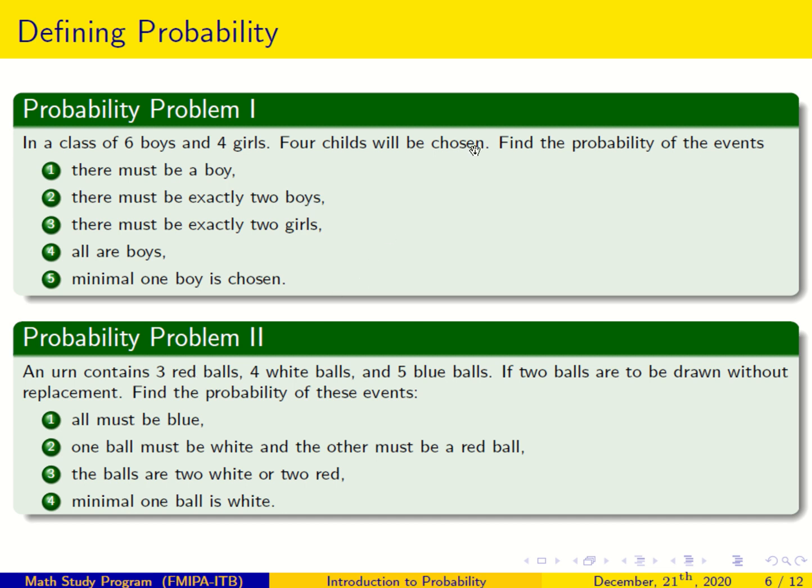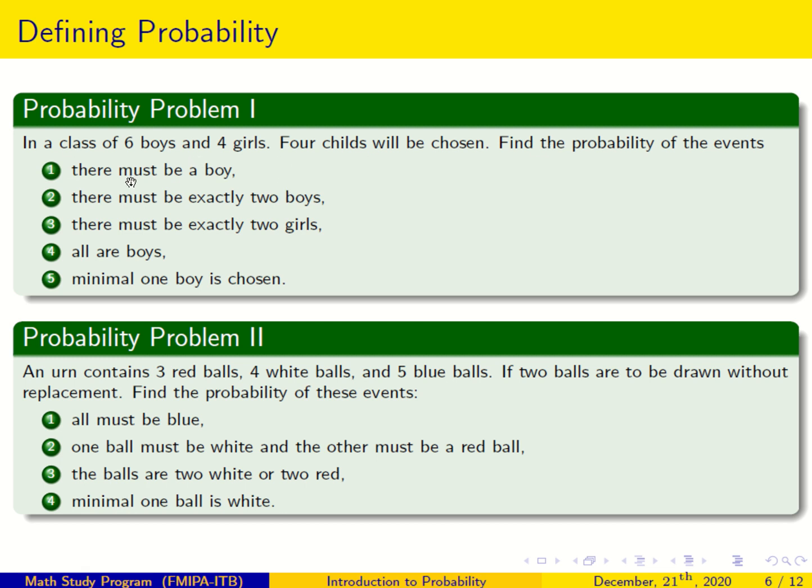When I want to find the probability of the event that there must be a boy, we have to know the number of ways to get four children from 10 children when there must be a boy, divided by all possible outcomes.